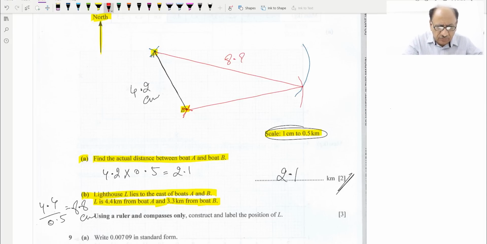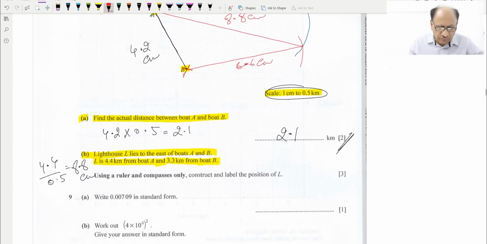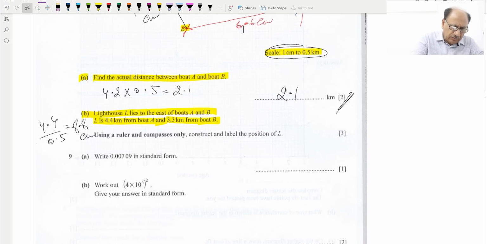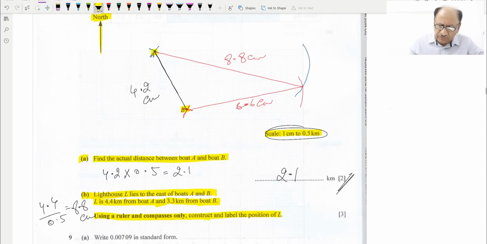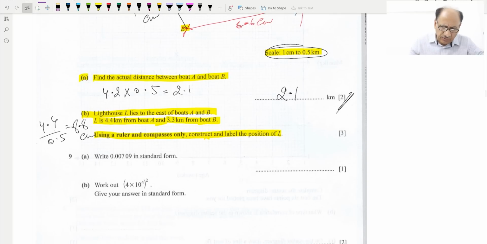So this will be 8.8 centimeters, and this will be 6.6 centimeters, and this is what we have done. They're saying using the ruler and compasses only, which we have already done, construct and label it as L. So this location is L, and this was a 3-mark question which we had done.